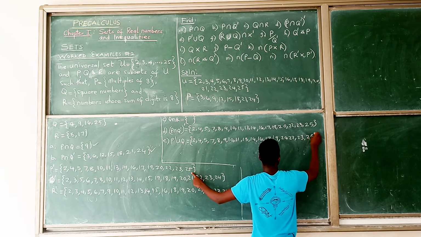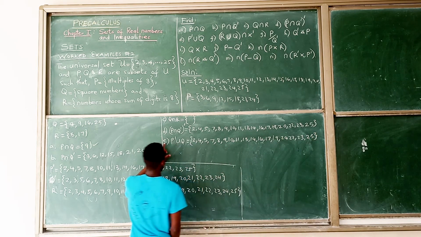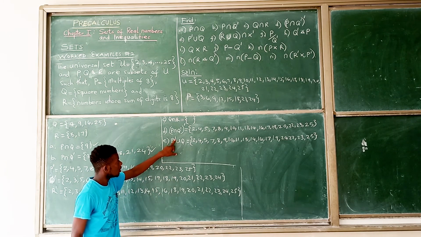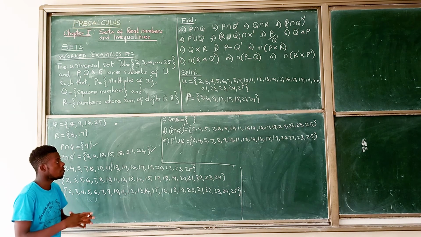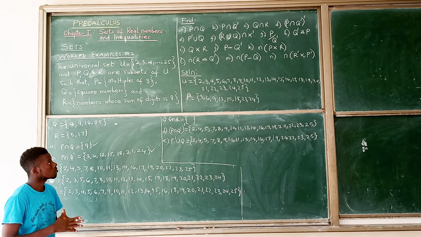So these are the elements of P complement union Q. We combine the elements in both P complement and Q. We move to the next.